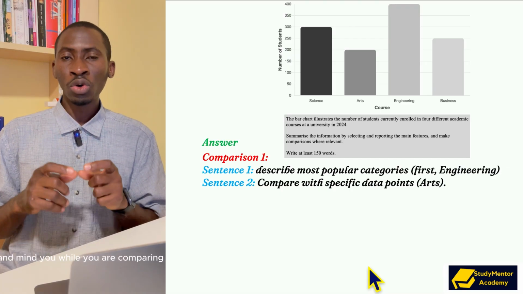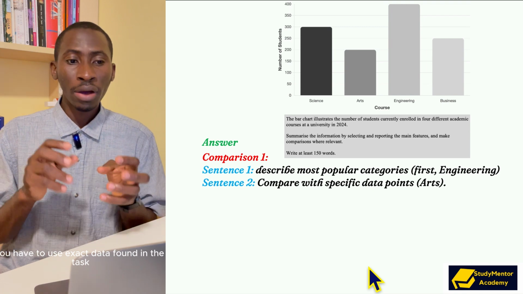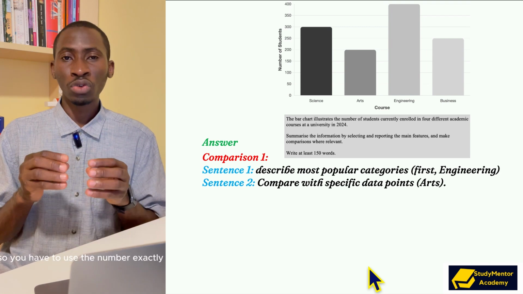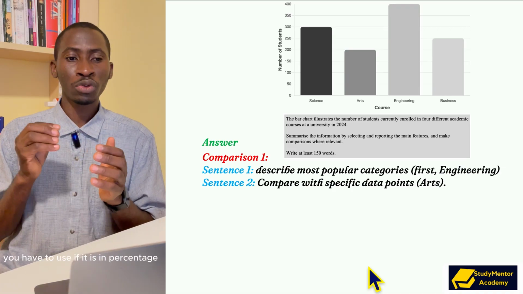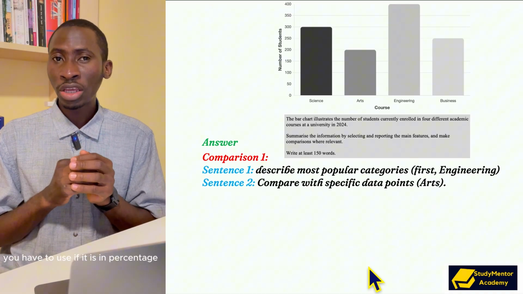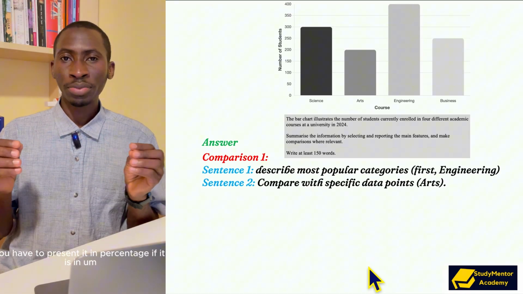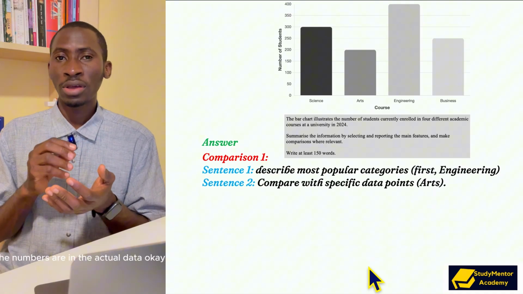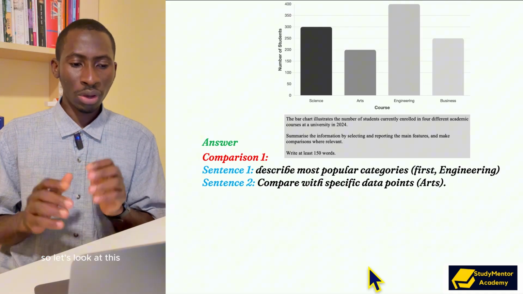And mind you, while you are comparing, you have to use exact data found in the visual data. You have to use the numbers exactly the way they are in the data. If it is in percentage, you have to present it in percentage. If it is in any form, you have to write it exactly the way the numbers are in the actual data.